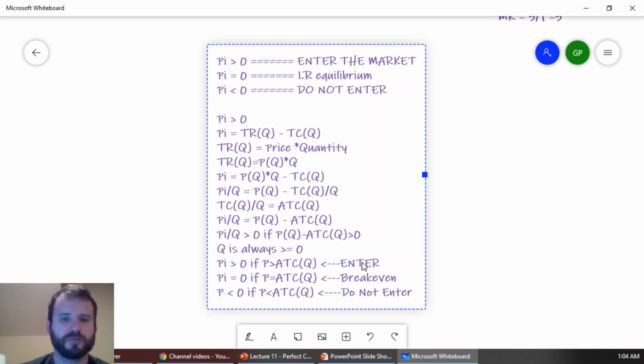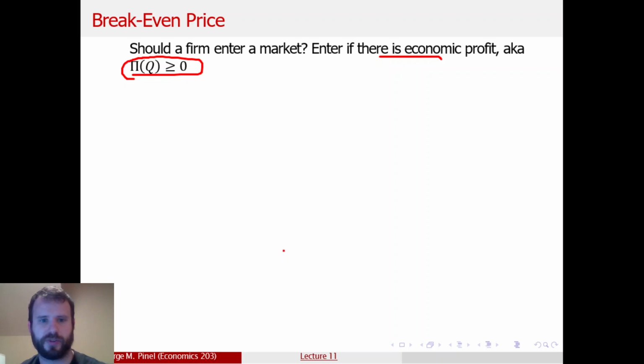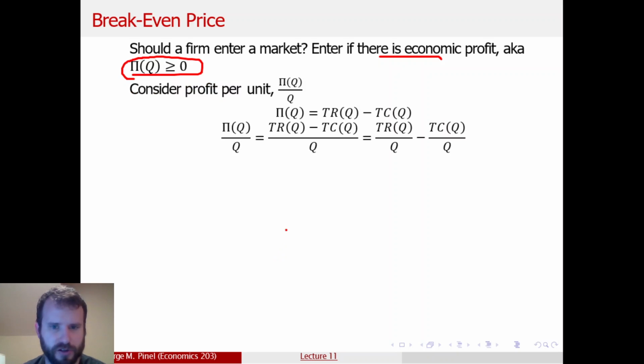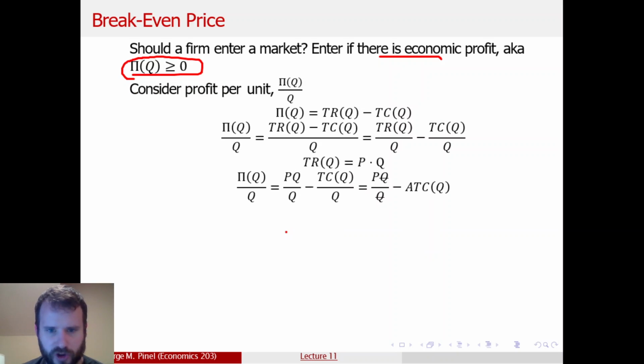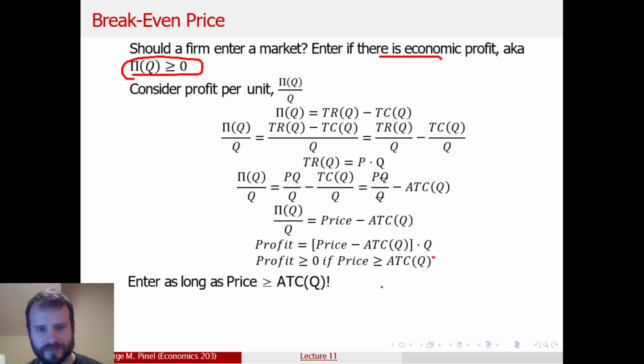When your price is equal to average total cost, we call that your break-even price. I've done the steps a little bit differently here, marginally different. I know that I bring back this Q for no reason. It's doing it one way or the other.